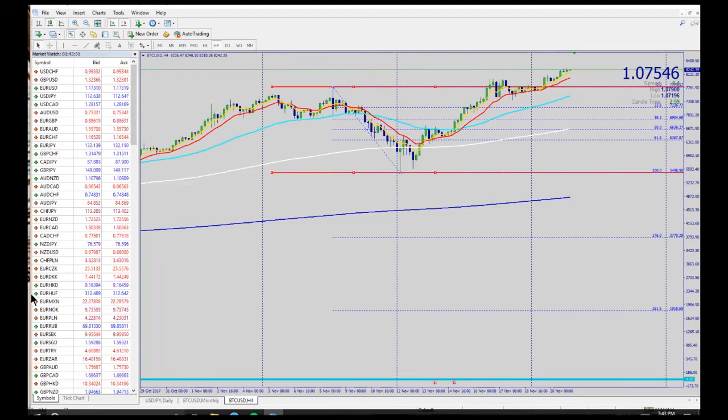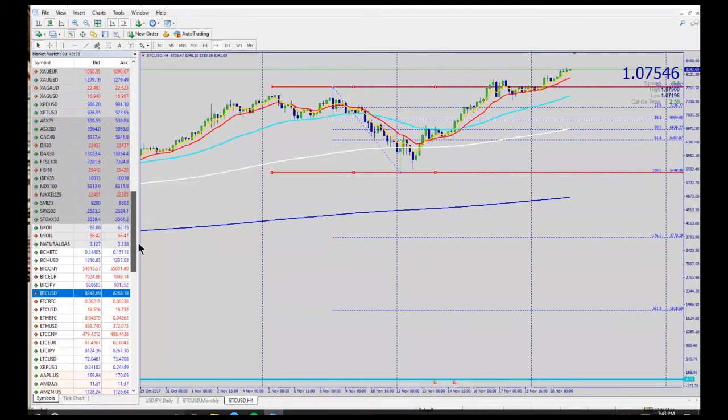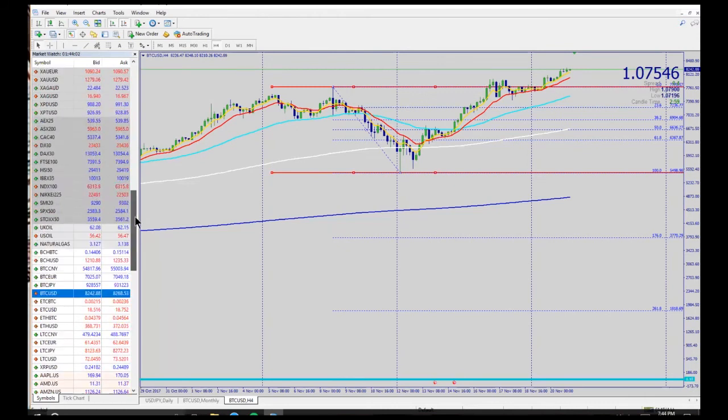So you got all your Forex pairs right here. You know, you got your golds, silvers, everything right here. You got the Asian market right here. That's why it's ticking right there.